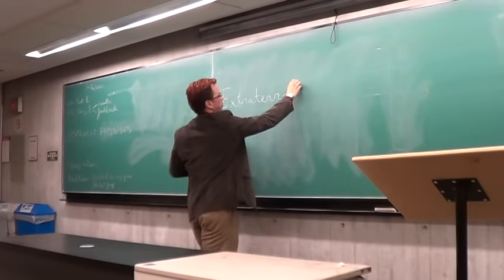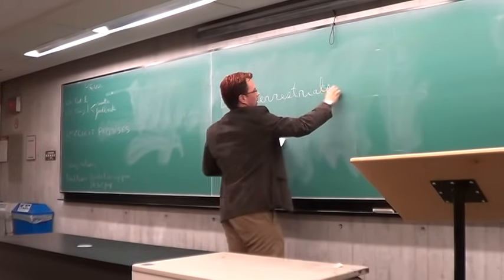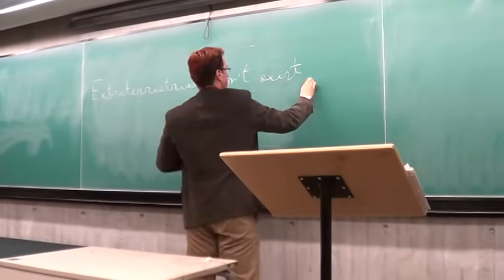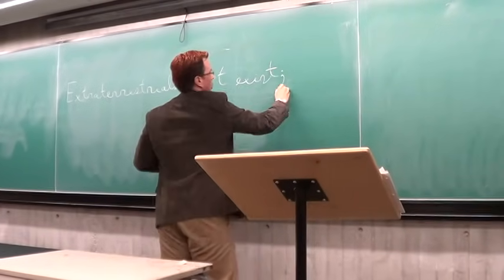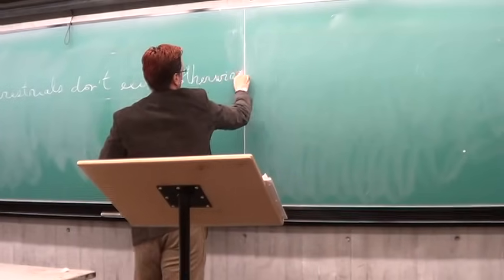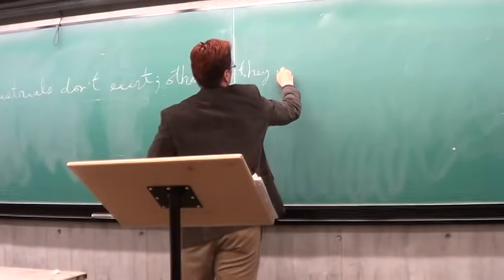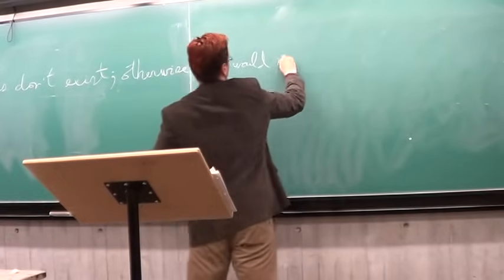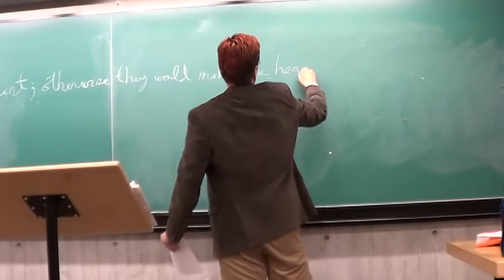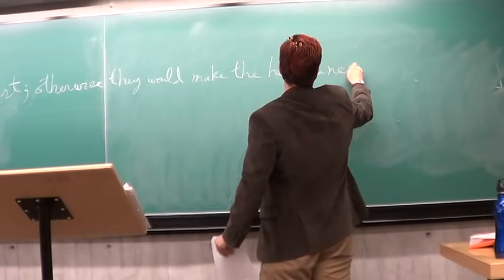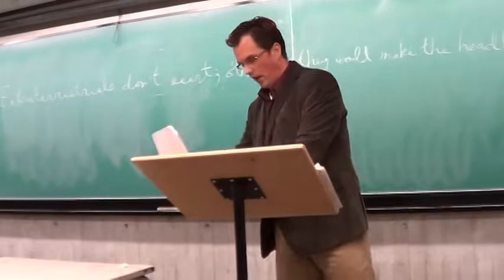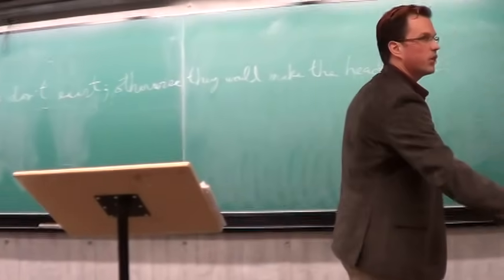Extraterrestrials, that is to our terrestrials, don't exist; otherwise, they would make the headlines. We have one sentence. This is an argument. Extraterrestrials don't exist. Otherwise, they would make the headlines. This is an argument.